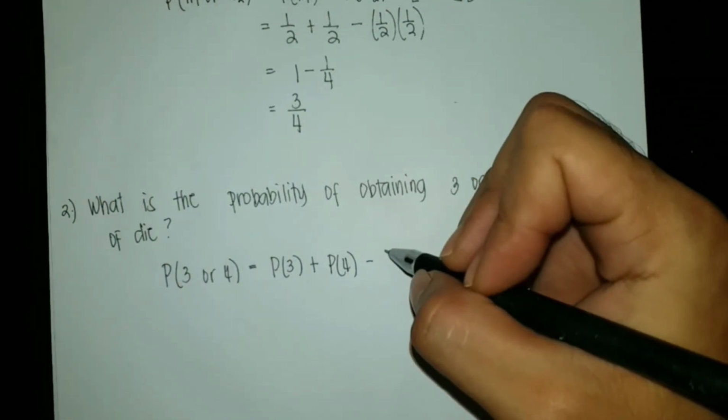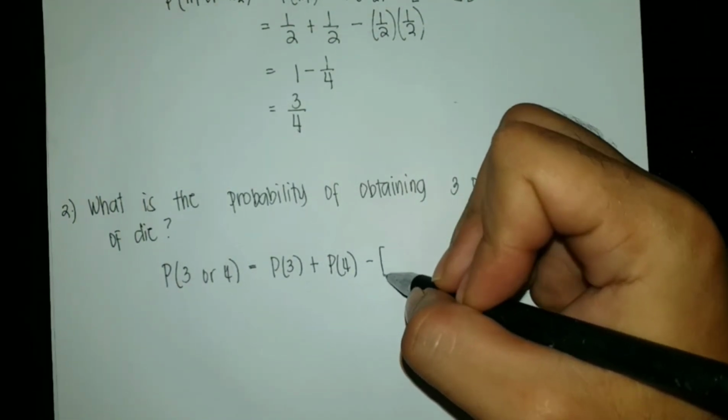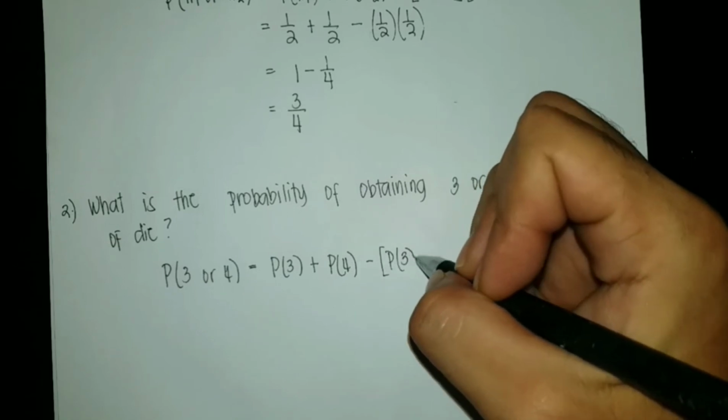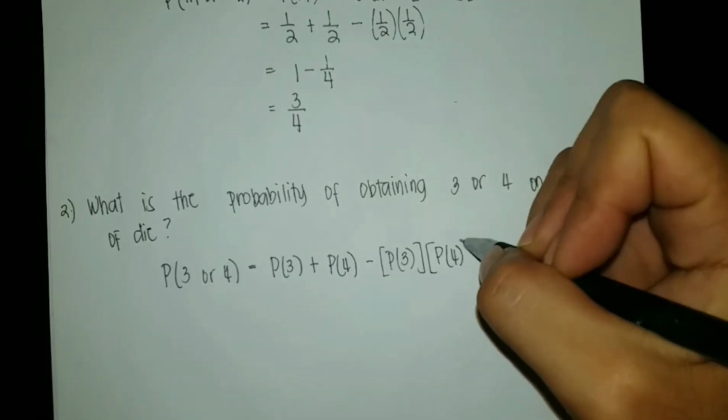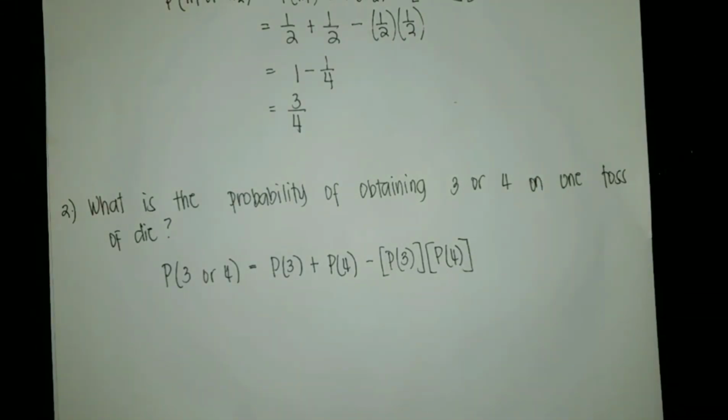That will be the probability of obtaining 3 times the probability of obtaining 4.